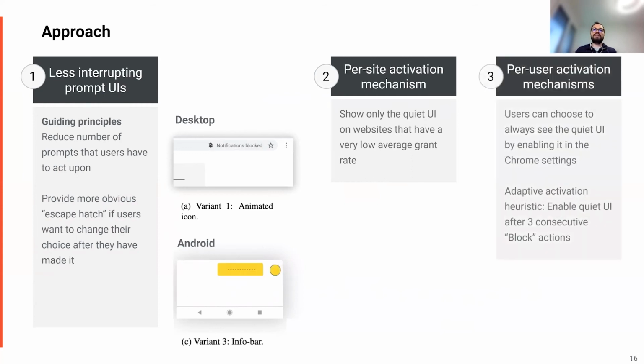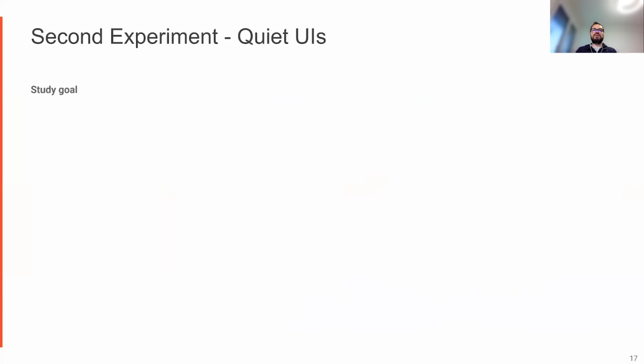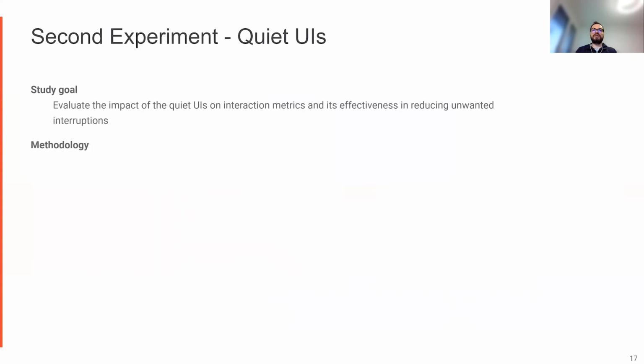We then ran a second experiment to understand the effect of these changes on the main action rates, grant, deny, etc. We performed an A/B test where the new UIs were disabled in the control group and enabled in the experiment group on a subset of desktop and Android clients.